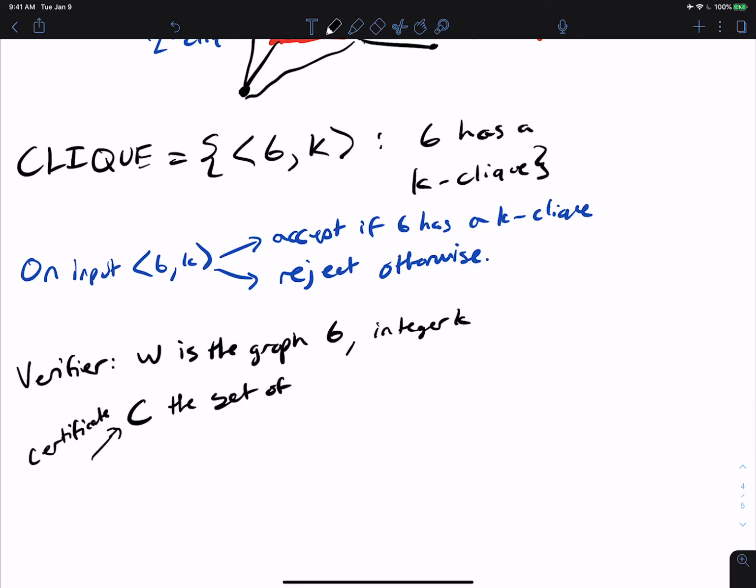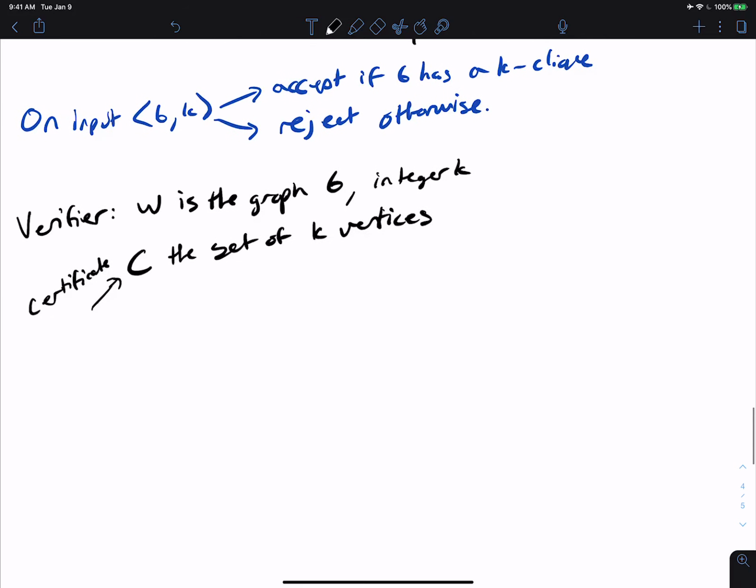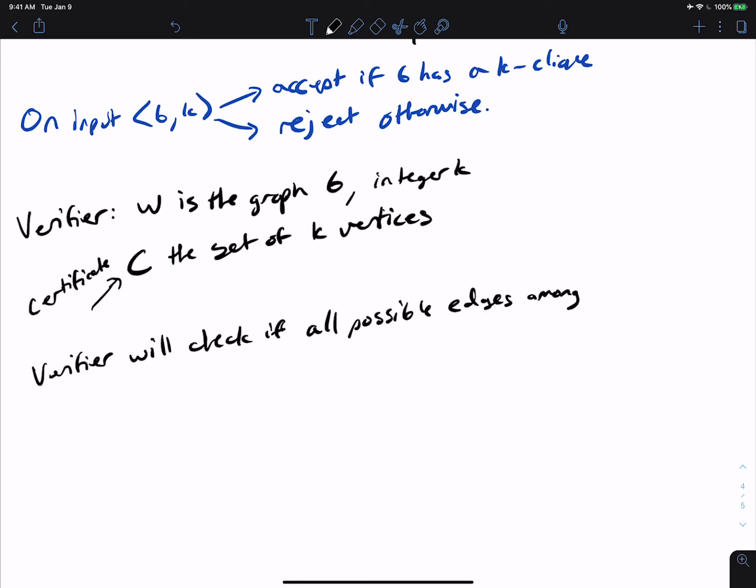Well, I can just show you the set of K vertices. And then what would the verifier do? The verifier will check if all possible edges among those K vertices are present in G.